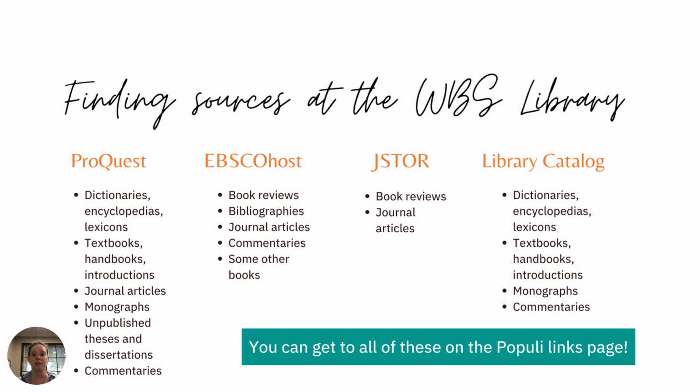You'll find those also in the library catalog. That's what we have in print here. So with background research, I would start in ProQuest or the library catalog if you're looking for a book, basically, if you're looking for a dictionary or an introduction book or something like that.